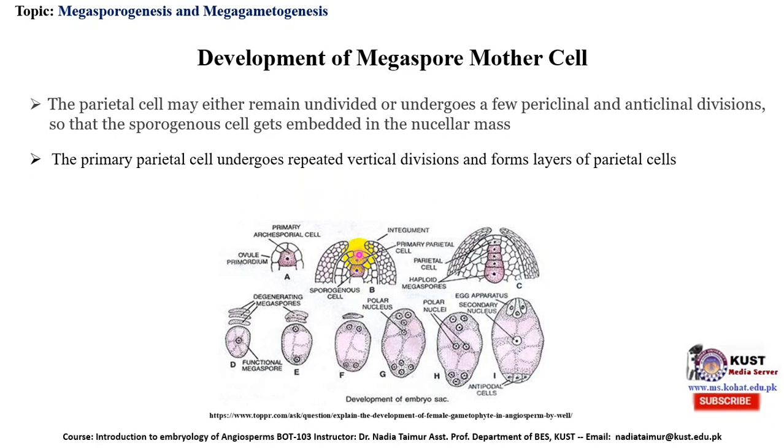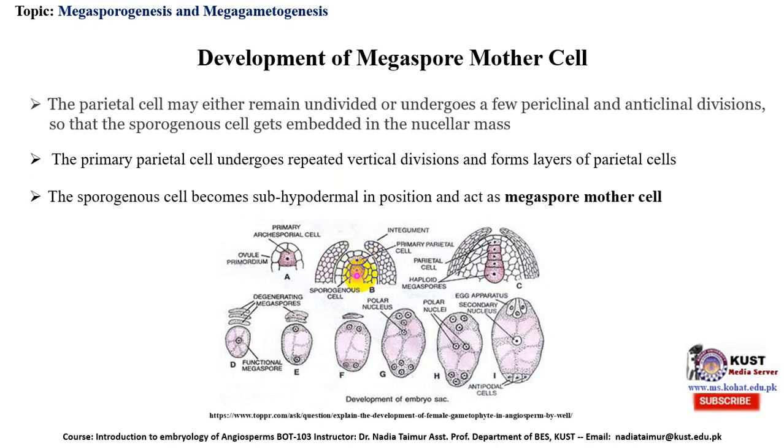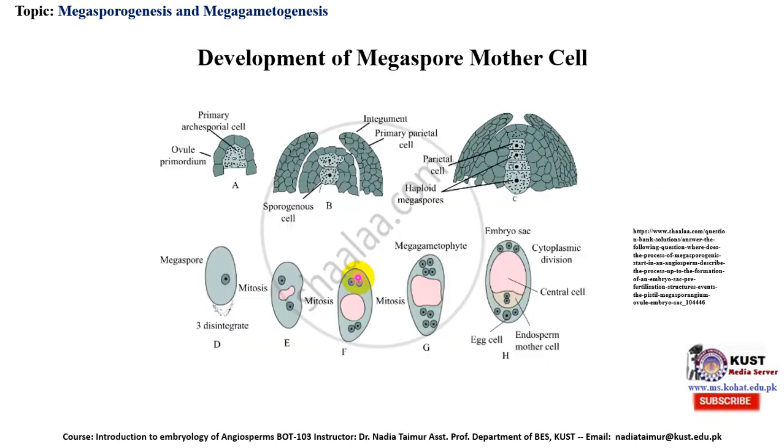This primary parietal cell undergoes repeated vertical division and forms a number of layers. Now this sporogenous cell, due to division of primary parietal cell, gets embedded and becomes subhypodermal in position and then acts as a megaspore mother cell. So this sporogenous cell now becomes megaspore mother cell.